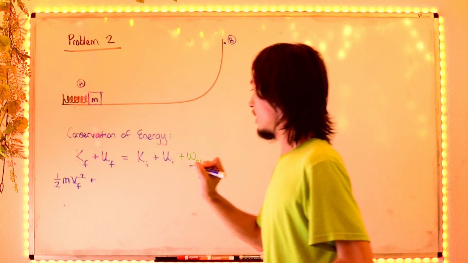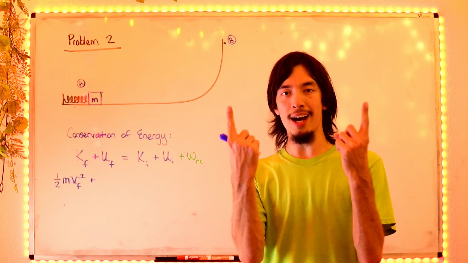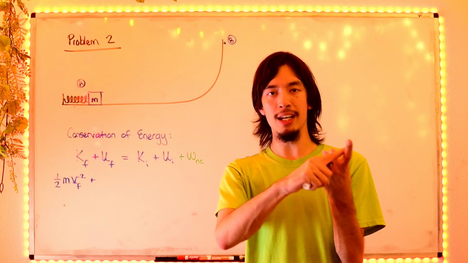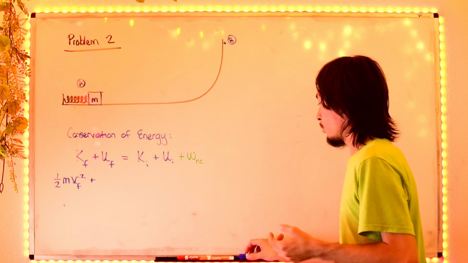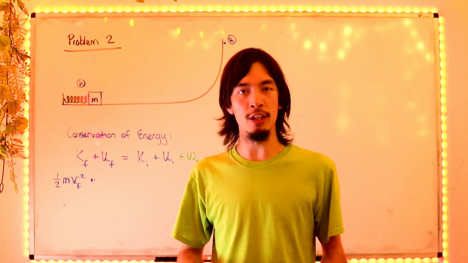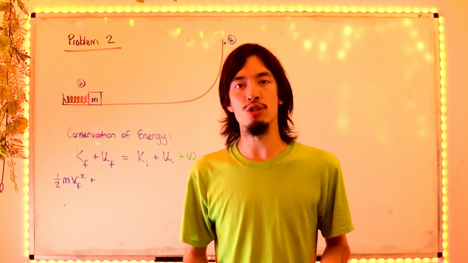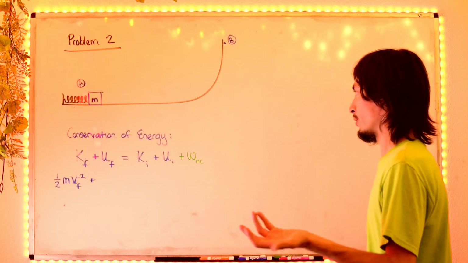Now, in general, when you're talking about potential energy, there are two kinds of potential energy: spring potential energy and gravitational potential energy. So when you account for the possibility that you can have both in a problem, you technically do need to write both, and then cross out what you don't have.